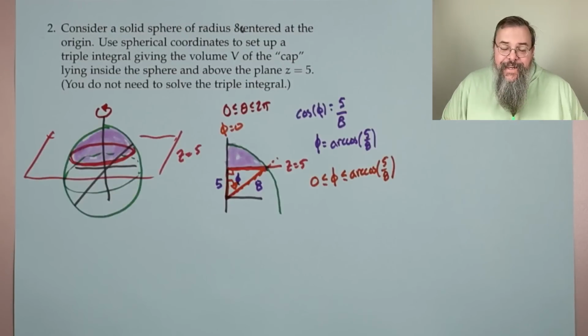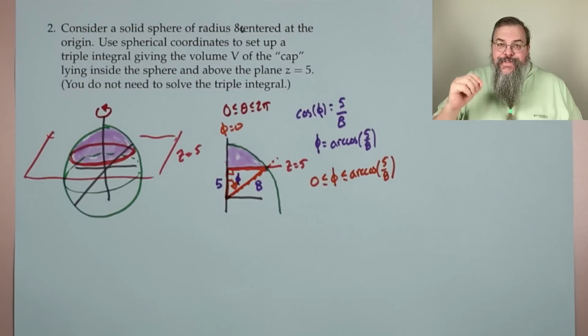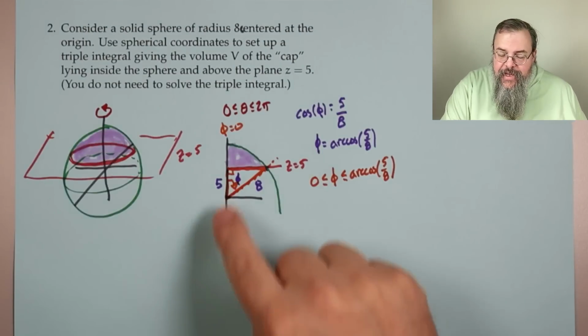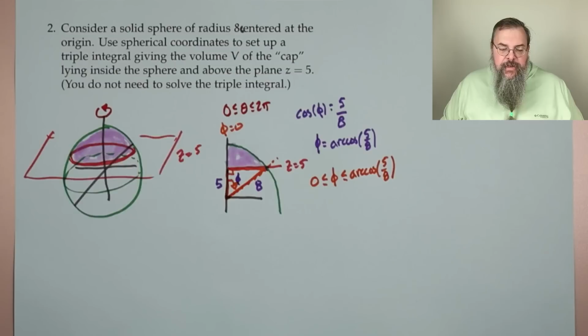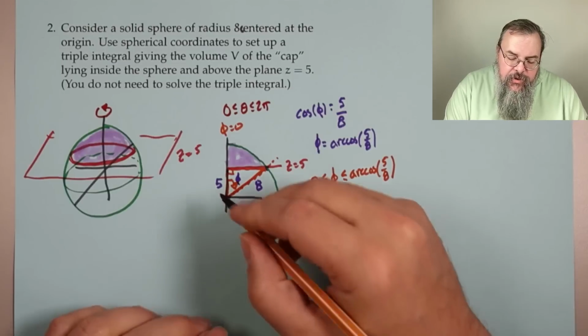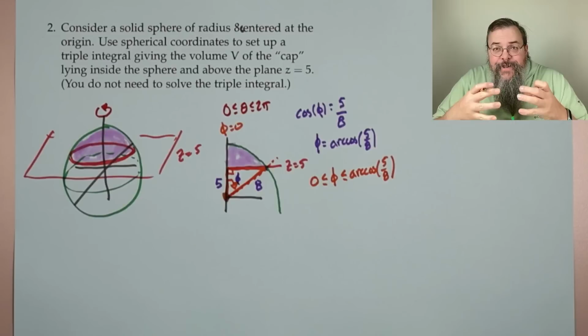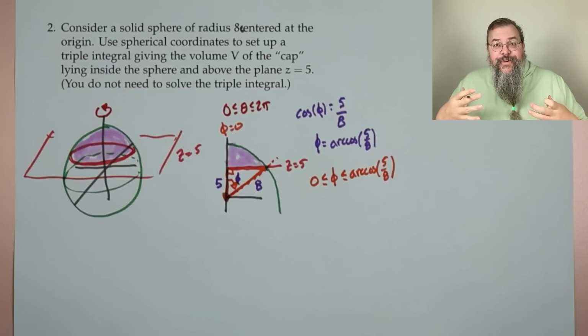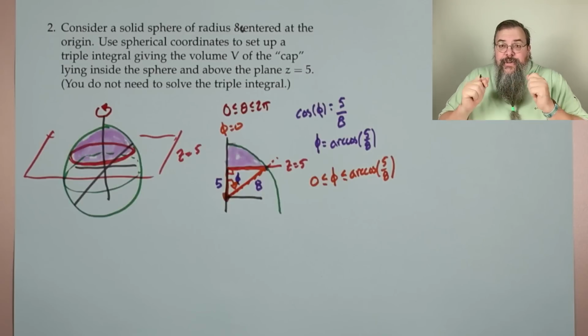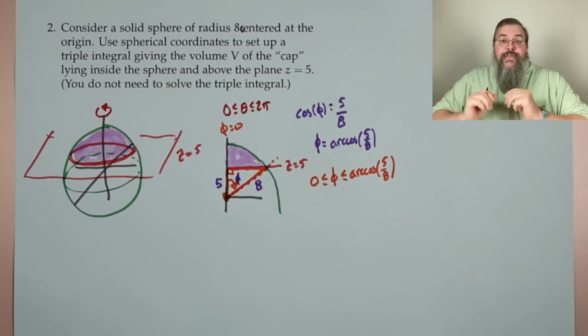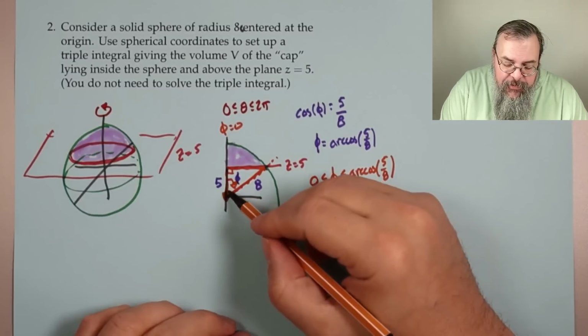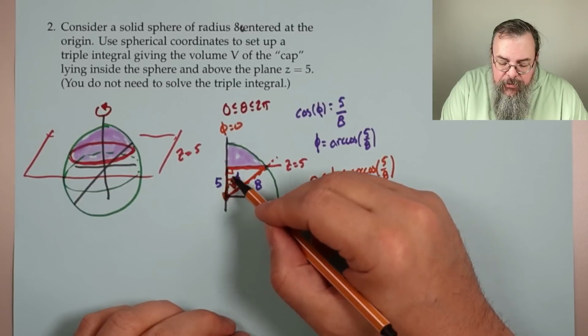Now, rho. Let's stay in the same picture, even though it's getting a little crowded. We start at the origin. For spherical coordinates, everything relates to the origin. Theta and phi are giving you directions, and rho is distance. So you come out from the origin and ask what you hit.